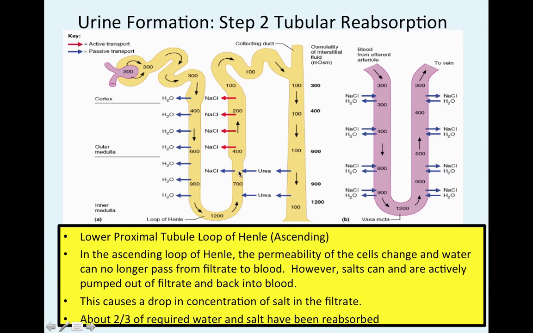And when that happens, we're going to have to switch over from passive transport to active transport so we can go against the concentration gradient and actively pump out sodium chloride here. So now we're going to actively go against the medulla and pump out even more sodium chloride out of the ascending loop. Okay? And that's going to drop the salt concentration of the filtrate as we keep pumping out salt. Okay? All right, so now most of our water and salt have been reabsorbed.